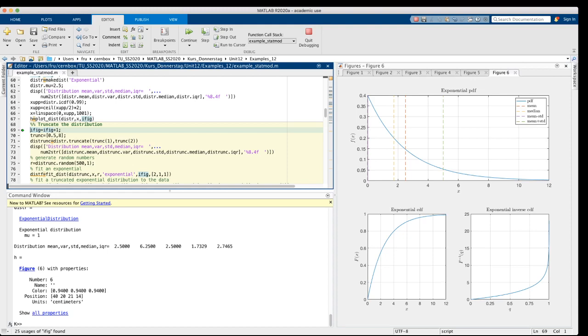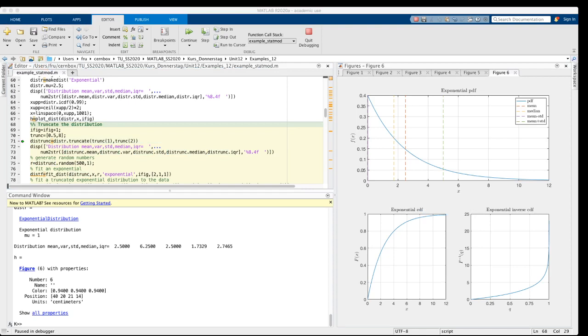So let me show you how to truncate a distribution. The method is the same for all these distributions which are predefined in the statistical toolbox. We have to define the truncation limits. And I want to truncate this exponential distribution at 0.5 at the lower end and at 8 at the upper end.